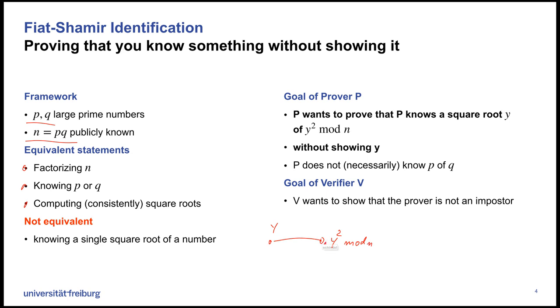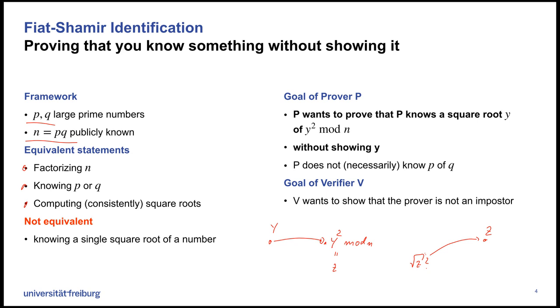So you can create a pair with y squared. But if you have a number, let's call it z, the question is, what is the square root of z? Just sloppy notation. And this is hard.